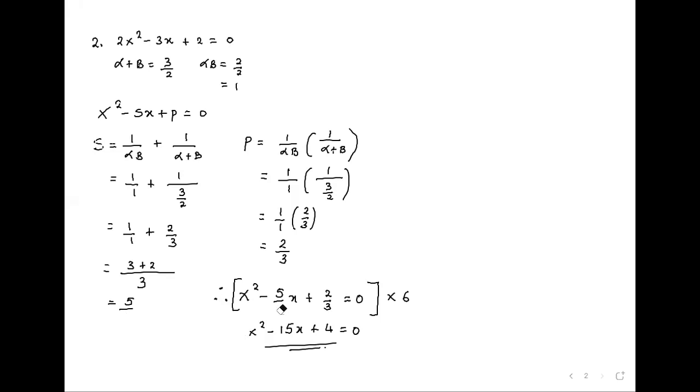So this is 1. So it's still 3. So you put 3 here. So meaning you just multiply by 3, so that we get 3x squared minus 5x plus 2 is equal to 0. Okay, thank you for that.